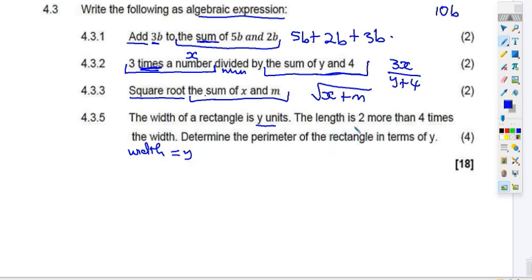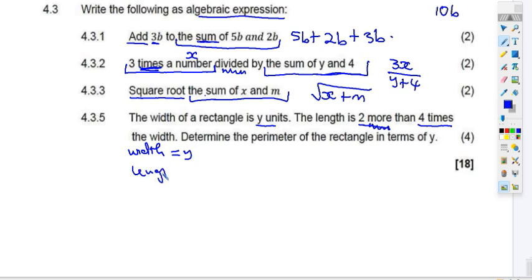And then the length is 2 more than 4 times the width. Hey, this statement, the length is 2 more. What does this more tell us? It's addition there. It's more than what? 4 times the width. And what is the width? The width there is y.